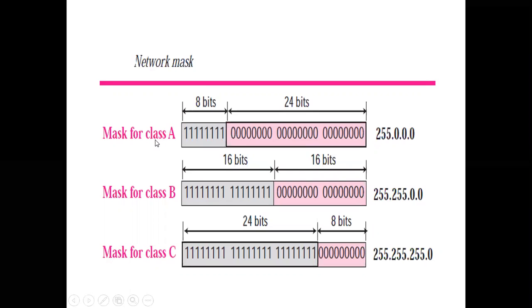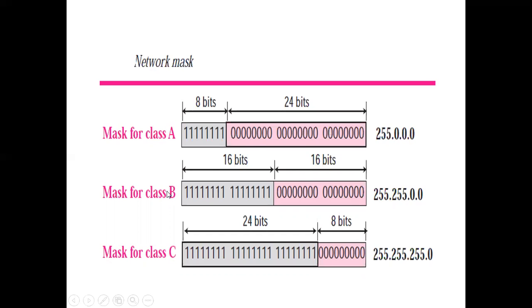So in class A, only 8 bits will be 1. And as you already told, 11111111, the decimal interpretation of it is 255. So 255.0.0.0 will be the network mask of this class A.